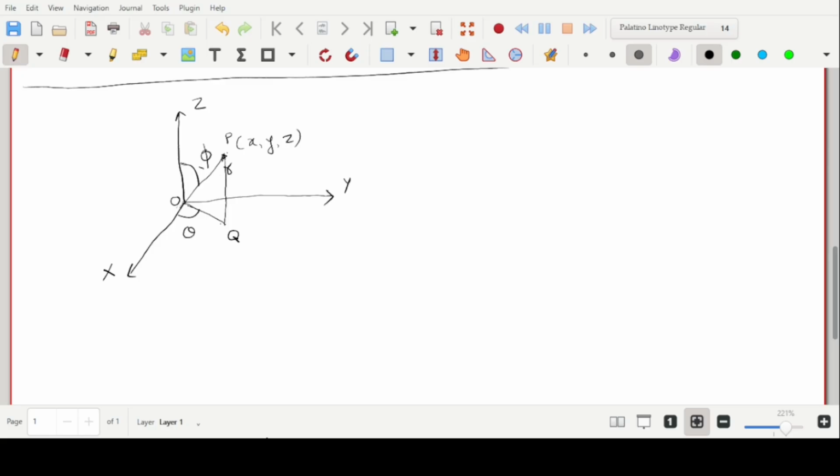Let's see how. First also let's see what are the values of r, theta and phi, between which they vary. Let us discuss the possible values that each of these three parameters can take, the limits between which they vary.